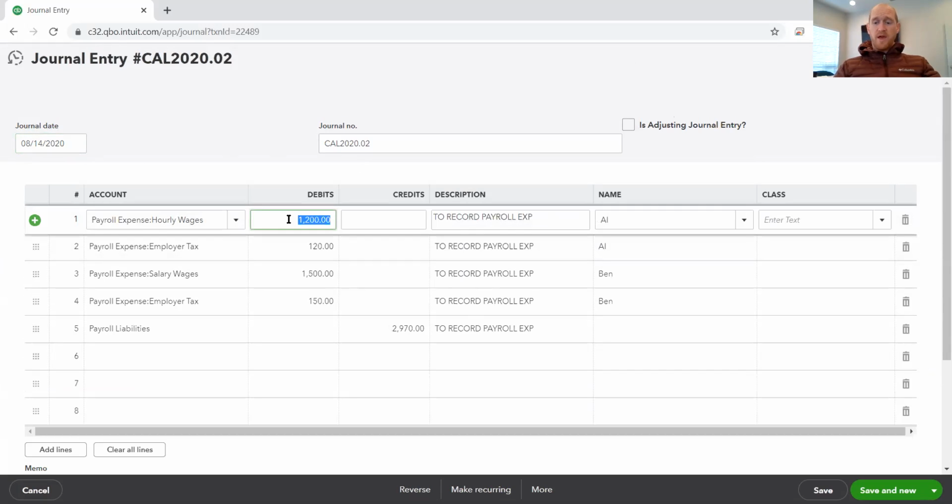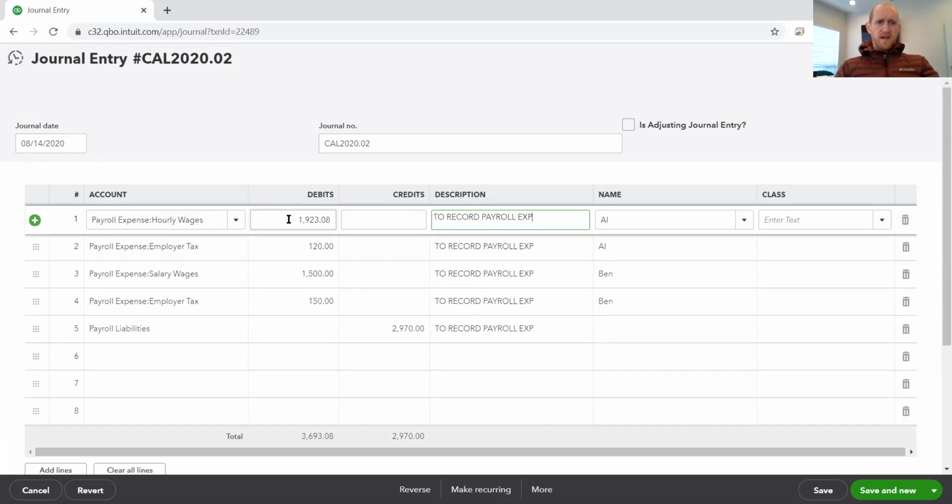Okay, and then I wanted to know, now you can do it by employee. Now, a payroll summary will do this. You don't need to do it. But if you want to look at it at a glance and you want to break it up between hourly versus salary employees, you can do it. And you can also break out how much it cost you per employee.